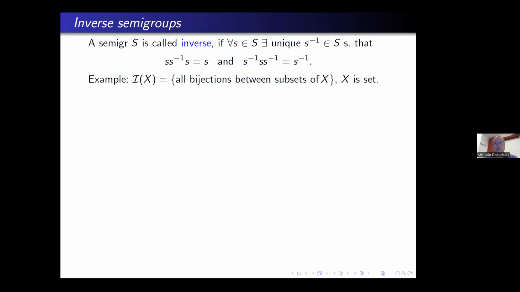I think I did something wrong. We can hear you. Can you see my file? Well, I see up to the line where it says example, I of X is the set of bijections between subsets of X, X a set. Yeah, but somehow I pressed something so I cannot see the file.